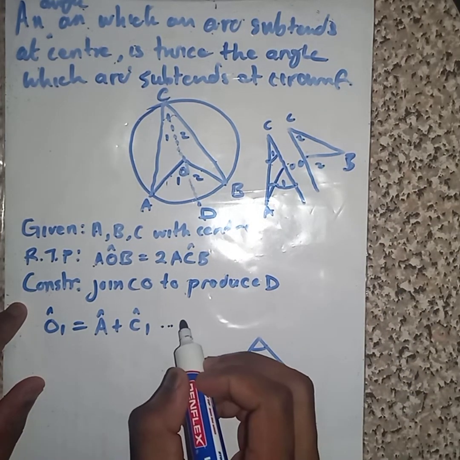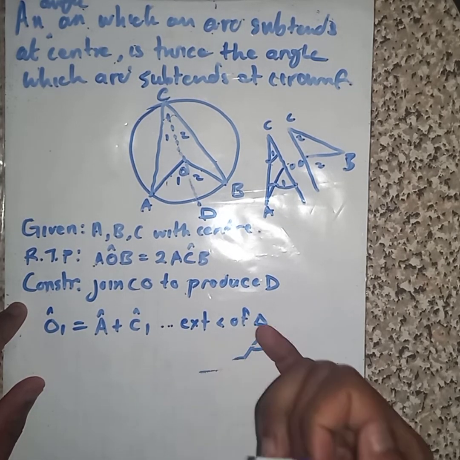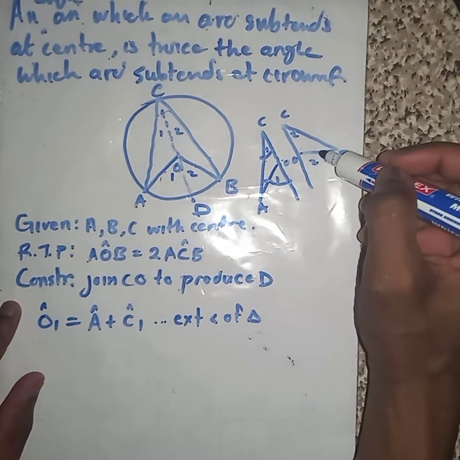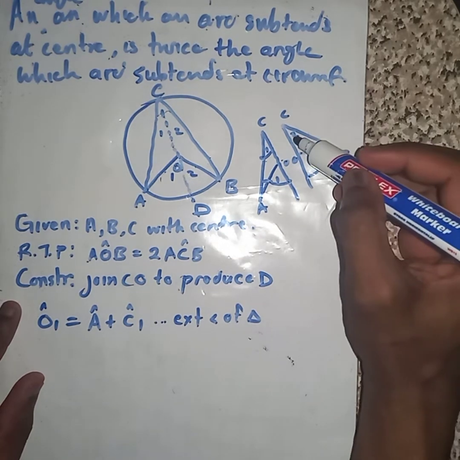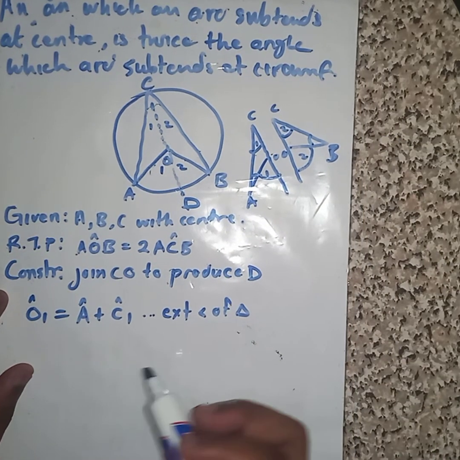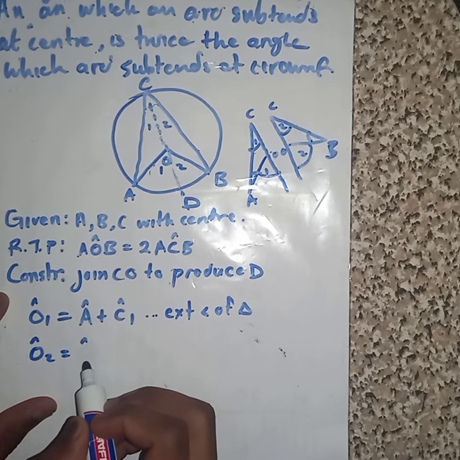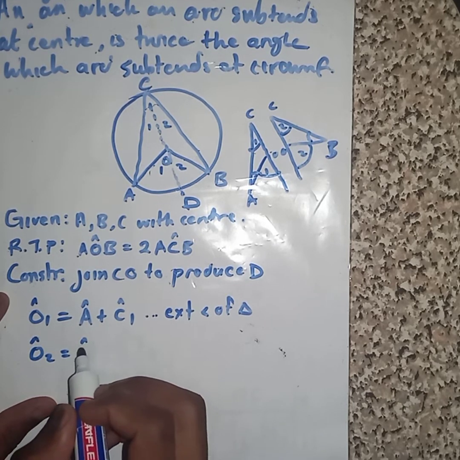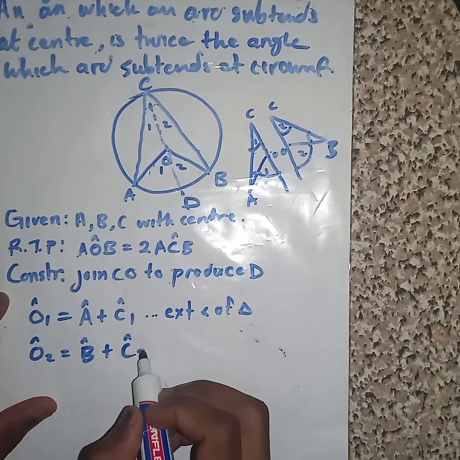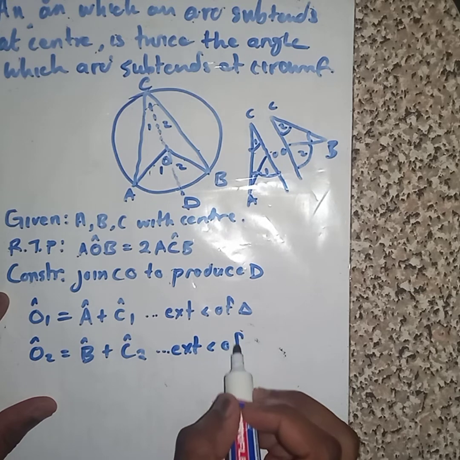Then we are going to reason by exterior angle of triangle. It's also true on this side. This angle, which is O2, is going to be equal to B plus C2. Then our angle O2 will be equal to angle B together with angle C2, exterior angle of triangle.